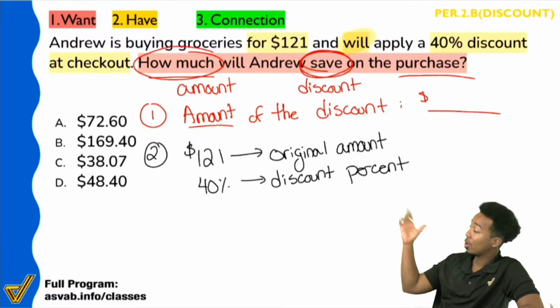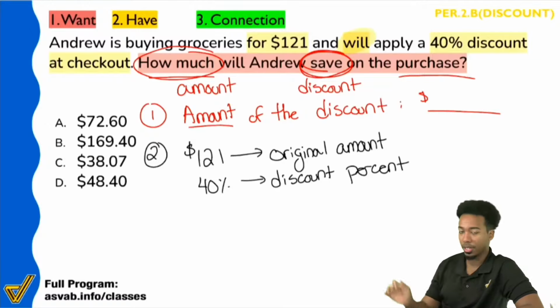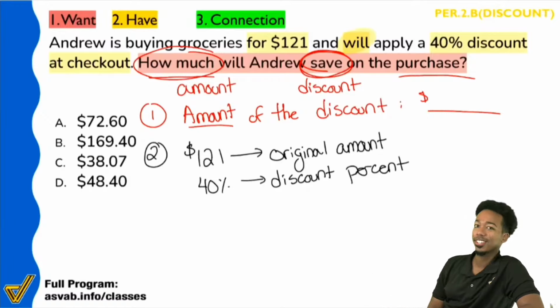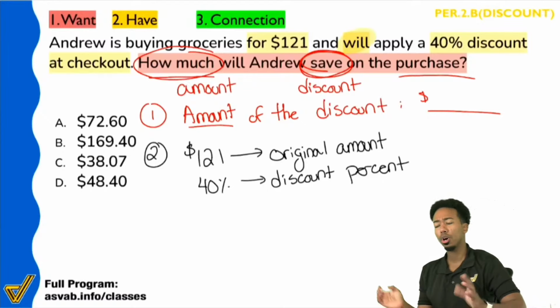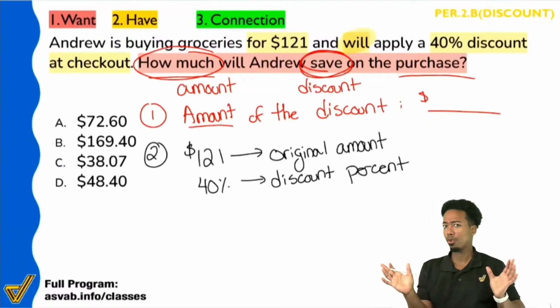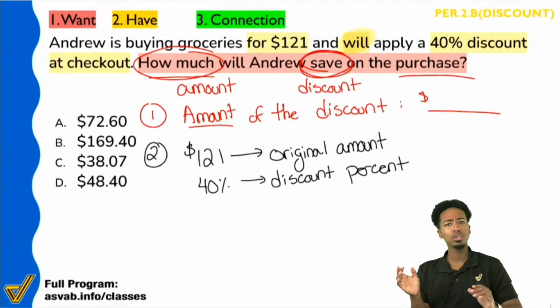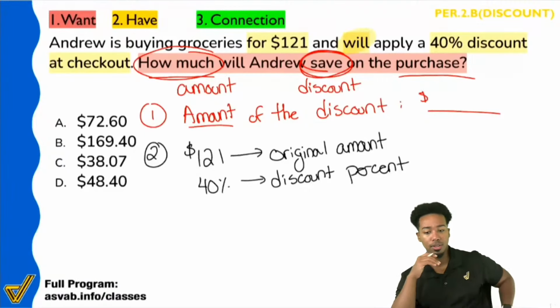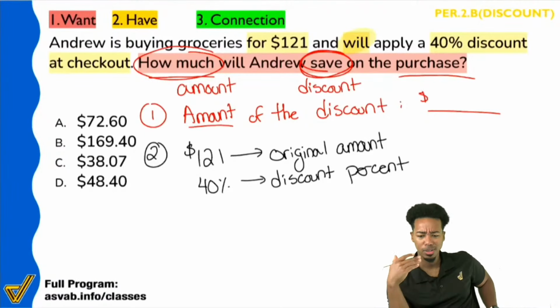We figured out what we wanted: we want the amount of the discount. We saw what we have: we have the original and the percent of the discount. So should we do the whole start from 100 and subtract, or should we just apply 40%? Should we start from 100% or should we just apply the 40%? Let's think about that.